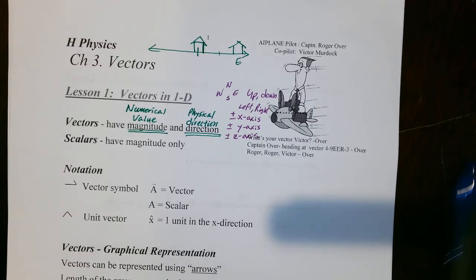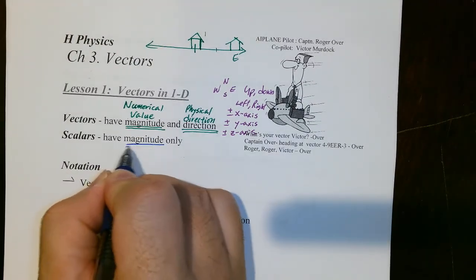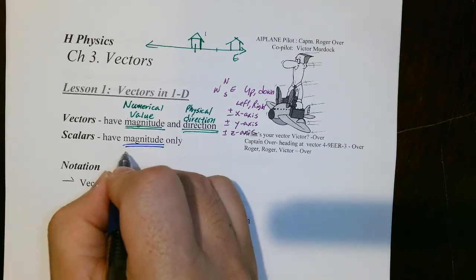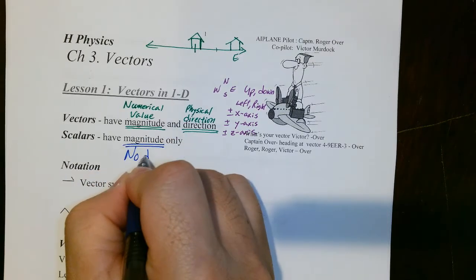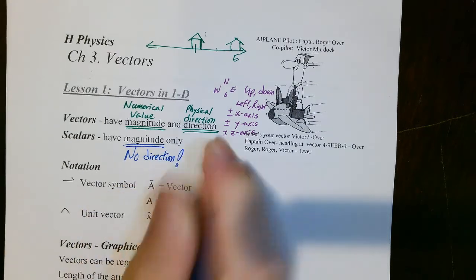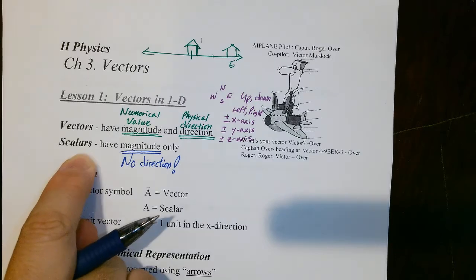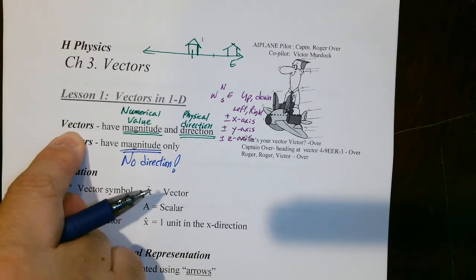However, a scalar quantity only has magnitude, right? It has no direction. So there are so many more scalar quantities than vector quantities, right?